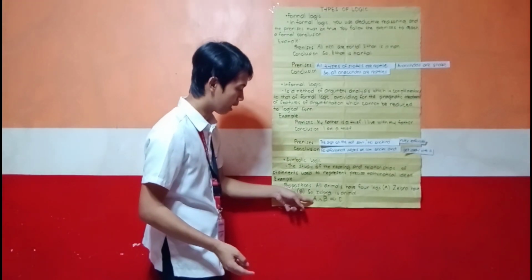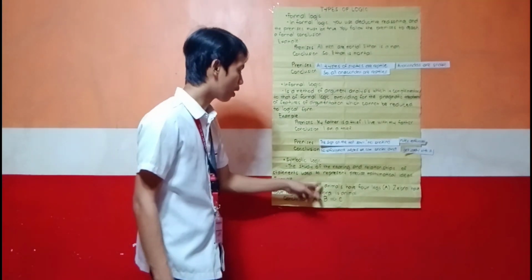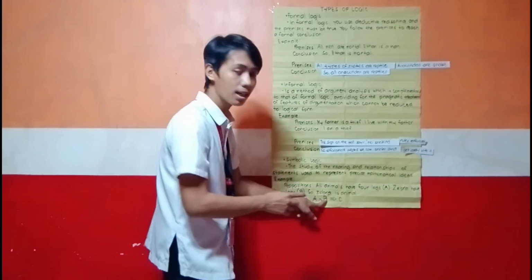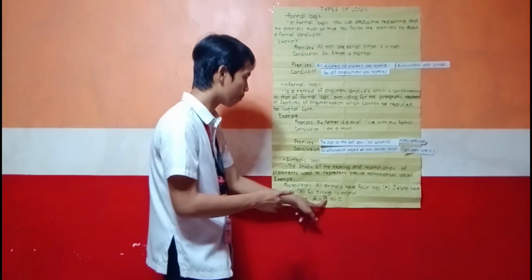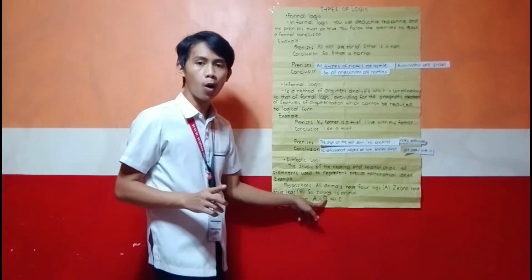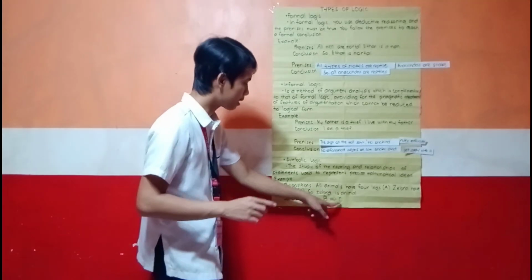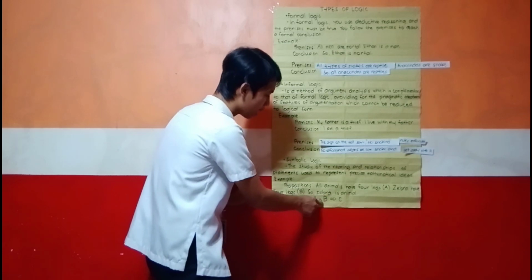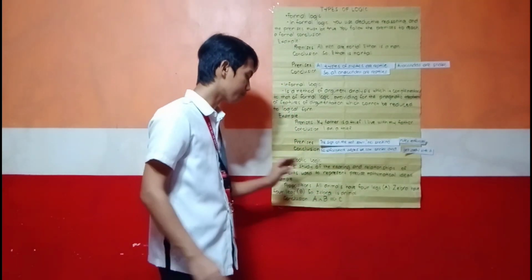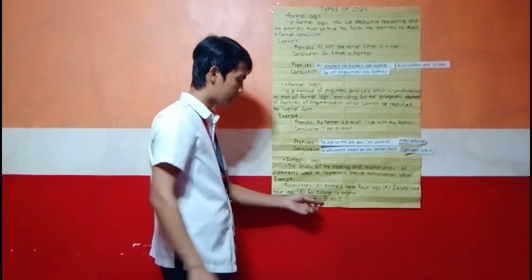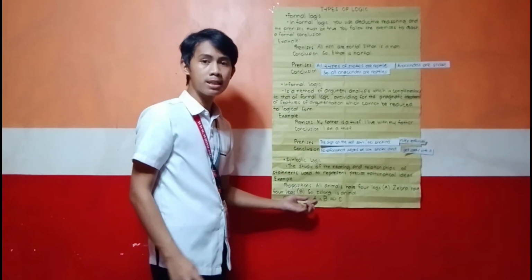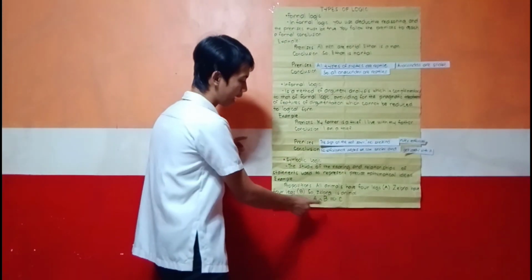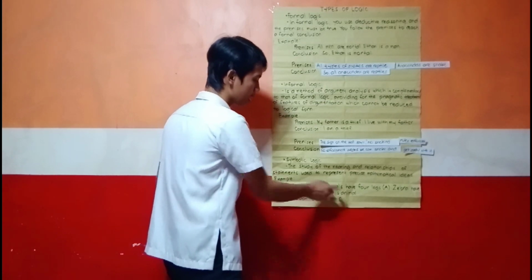So, let A be our first premise, all animals have 4 legs. A and B, the second premise, zebra have 4 legs. And C, so zebra is an animal. So, A and B implies C. This symbol is read as "and." So, A and B implies C.